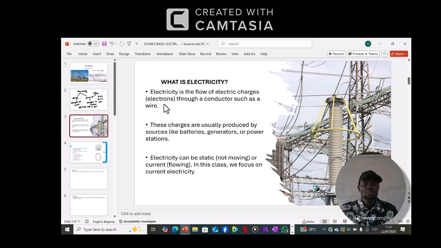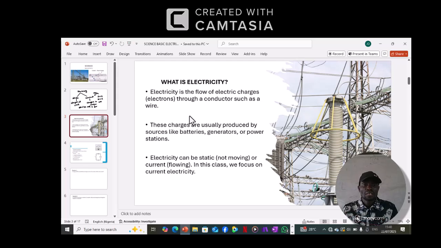So through a conductor, such as wire, when charges flow through wire, then that one is called electricity. It's the flow of electric charges through a conductor, such as a wire.